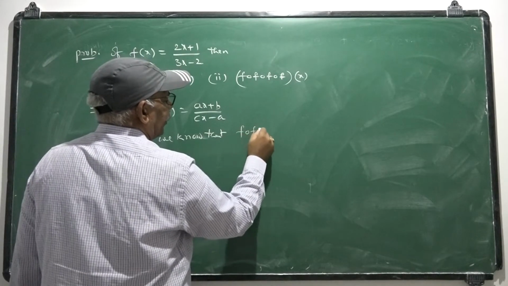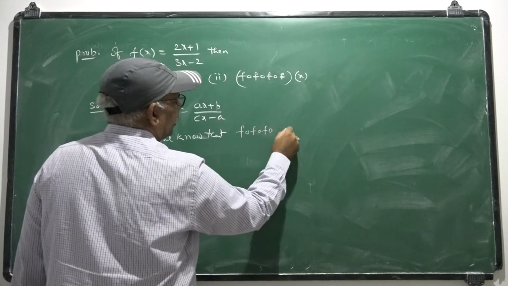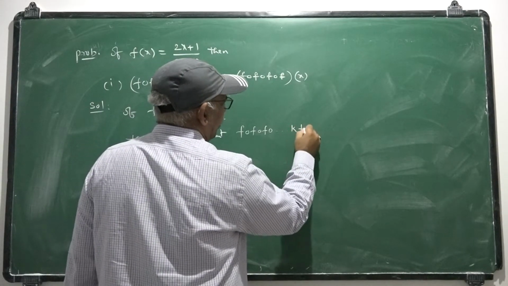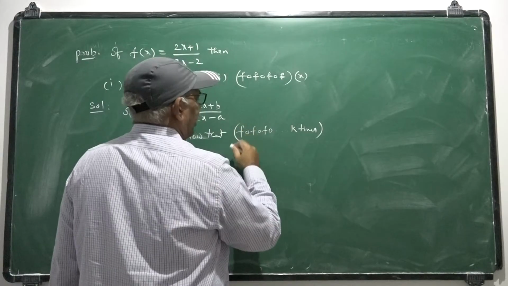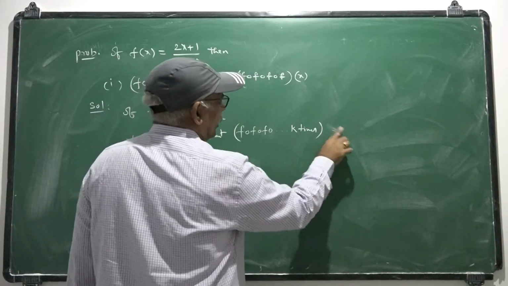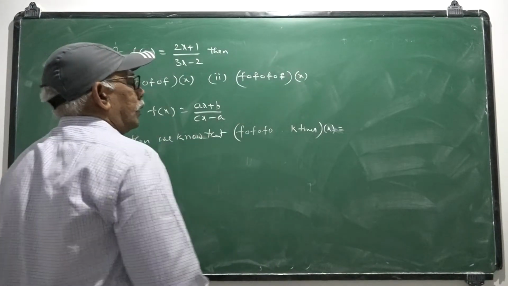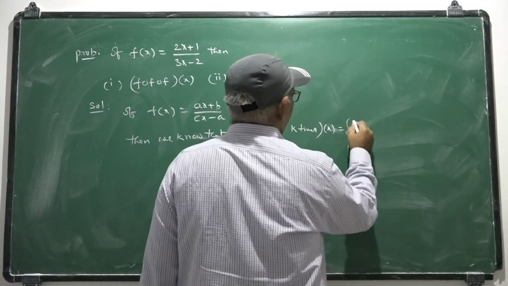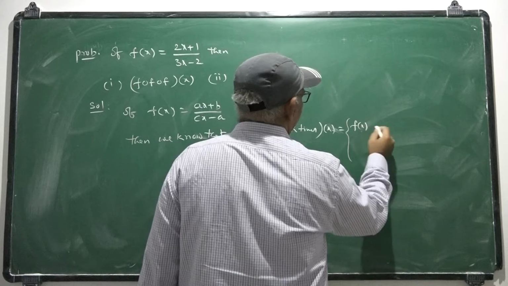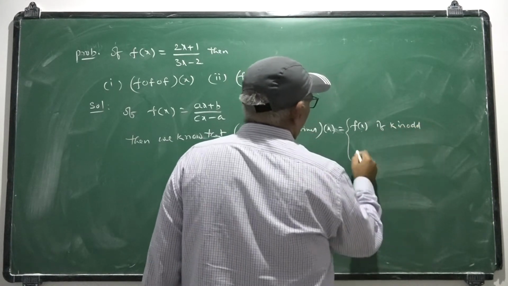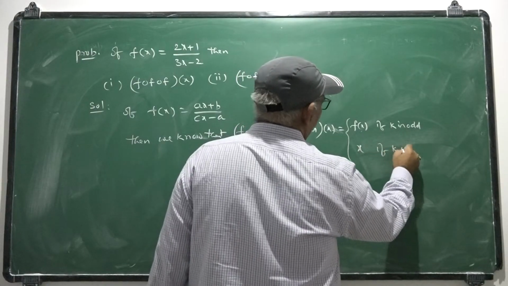f composed k times of x equals f(x) if k is odd and x if k is even.